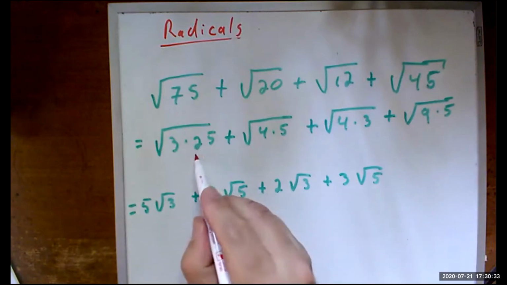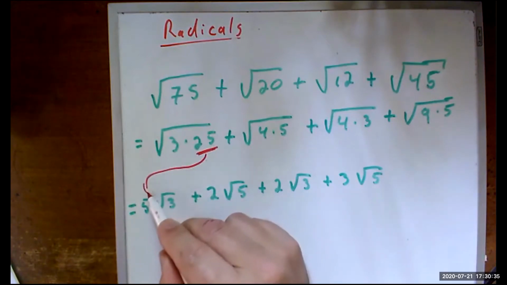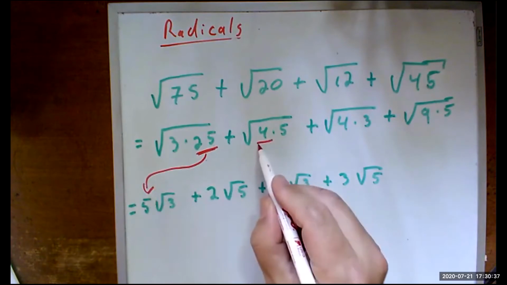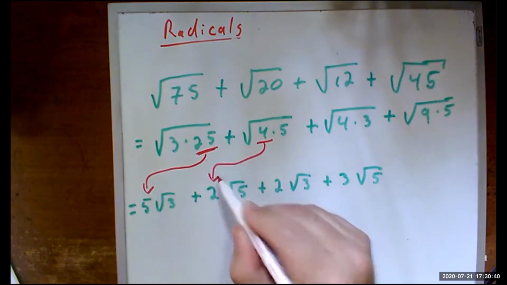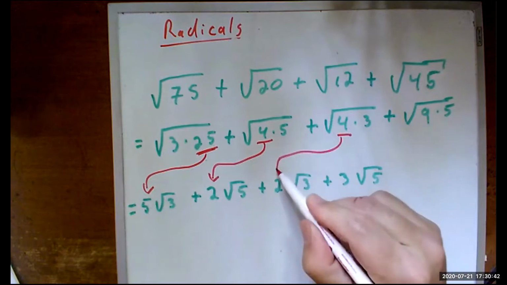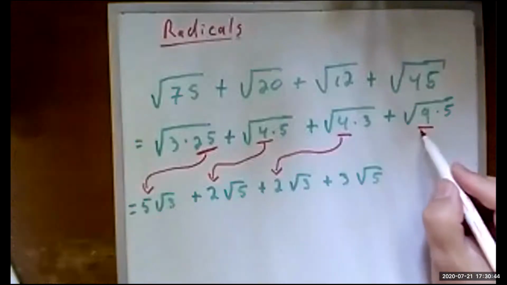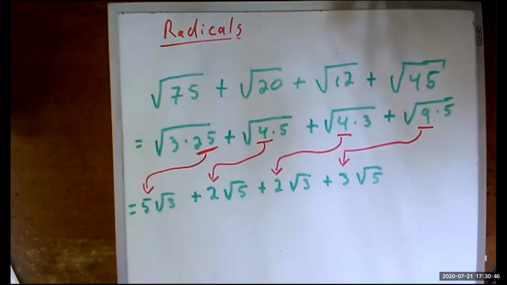So just to be clear, square root of 25 becomes 5, square root of 4 becomes 2, square root of 4 becomes 2, and the square root of 9 becomes 3.